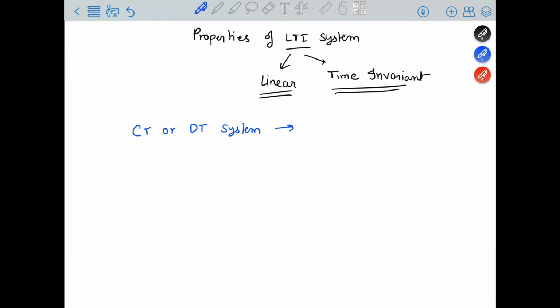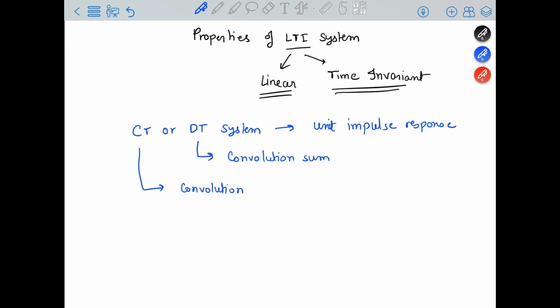In discrete time it is represented in terms of the convolution sum, and in the case of continuous time it is represented in the form of the convolution integral.